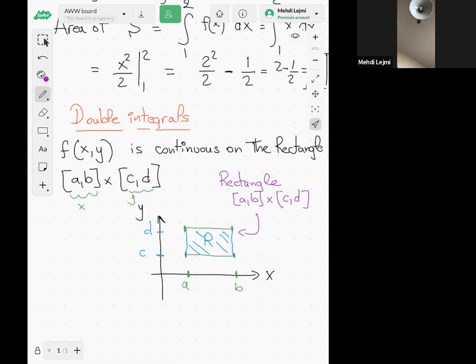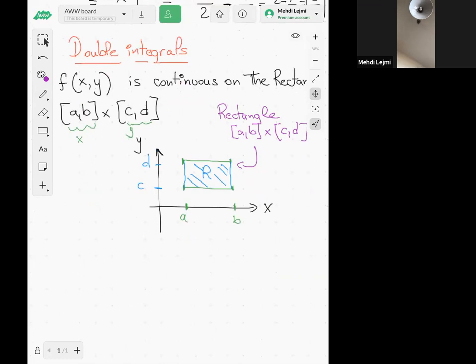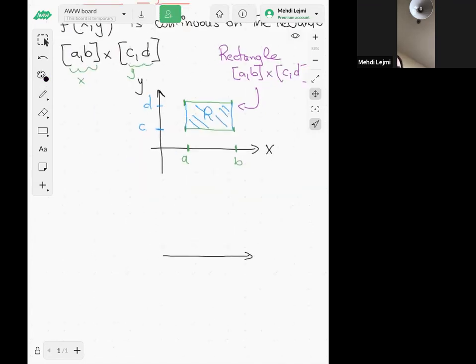So if you wanna graph this function of two variables, of course, you're gonna need a third axis. So here's my x-axis, this is my y-axis, and I have the third axis, let's say this is my z-axis. All right.